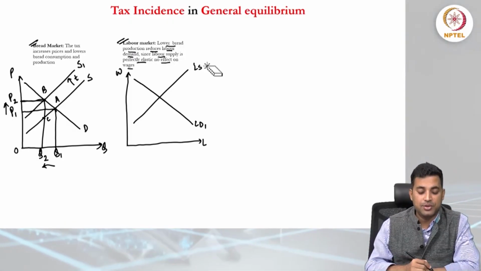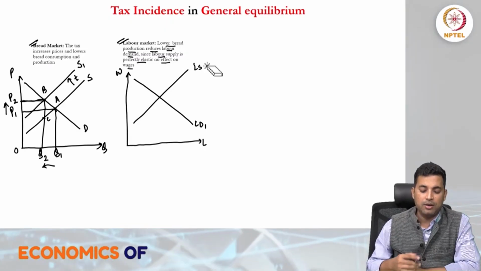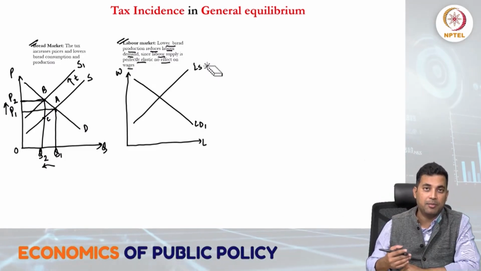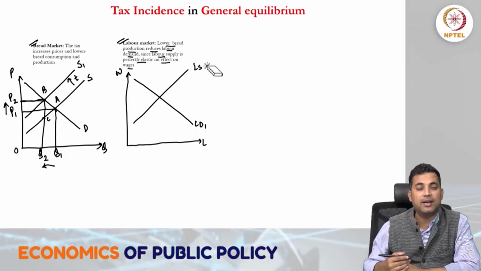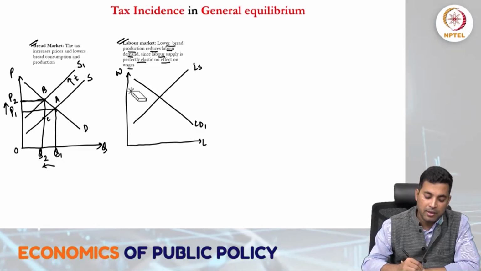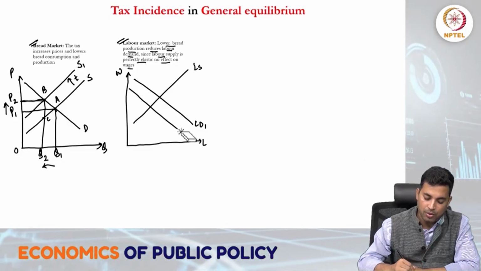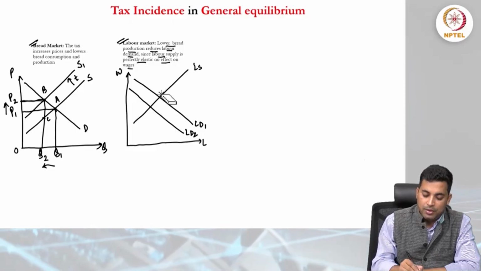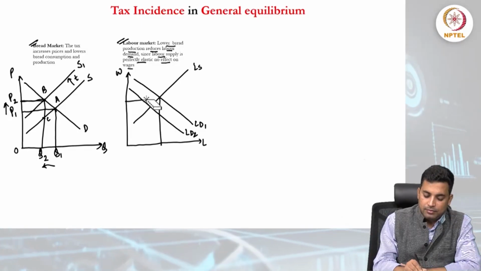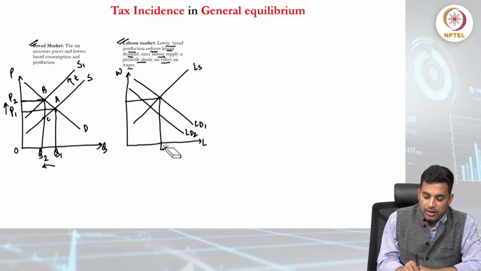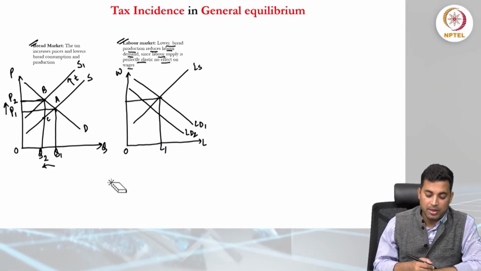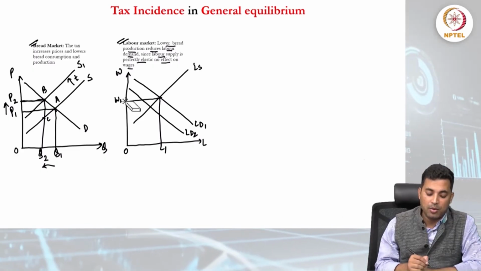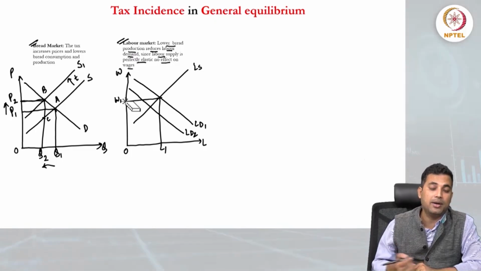So when tax is imposed on bread, demand for bread is reduced, and therefore underproduction happens, and definitely there is a lower demand for labor. So labor demand will shrink and shift downward to LD2. Initially OL1 amount of labor was employed in the economy, at the OW1 wage rate.